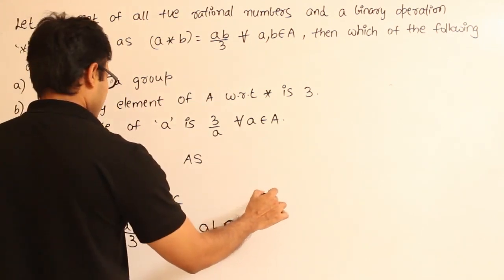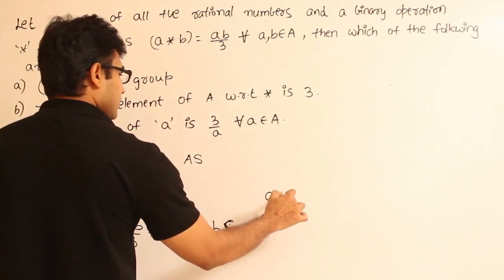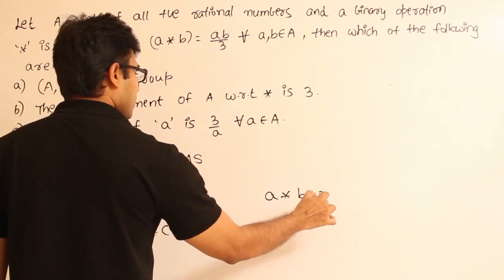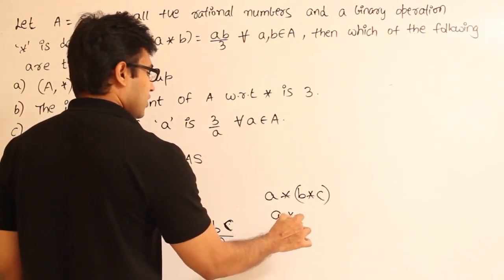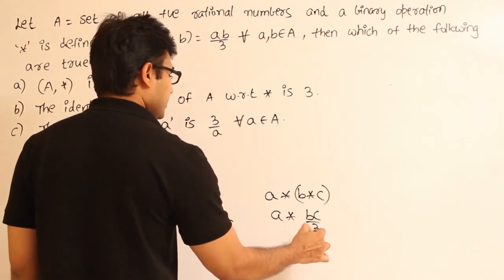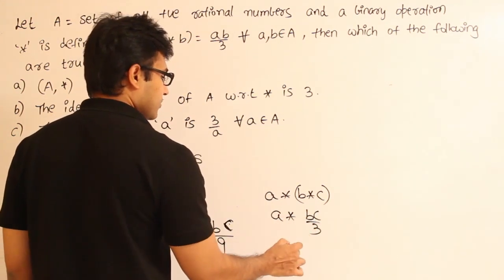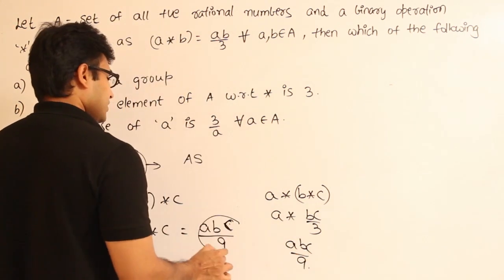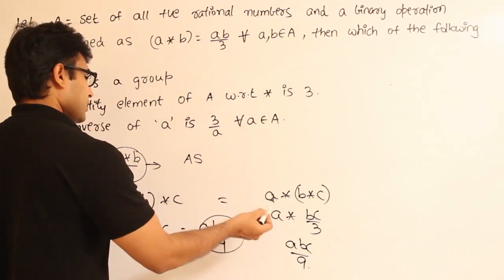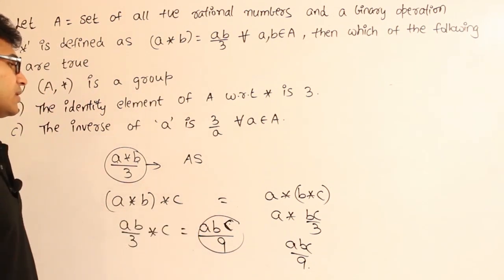Similarly, let's see what happens with A star (B star C). This is nothing but A star (BC by 3), and now this is nothing but ABC by 9. So the left hand side and right hand side are equal, right? Because we got ABC by 9 at the end.